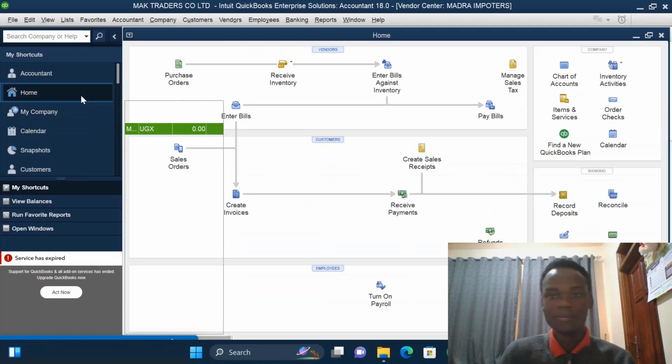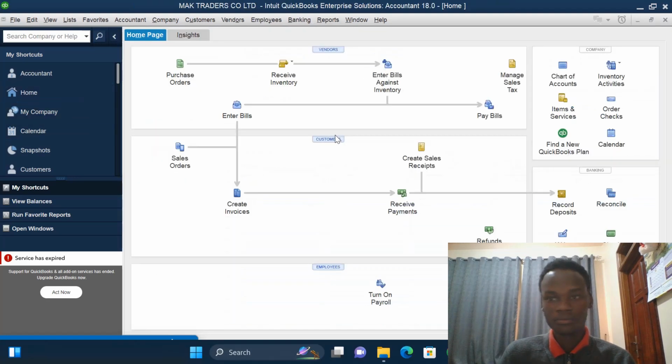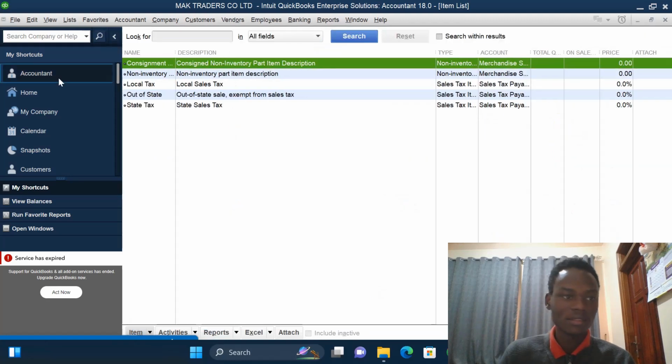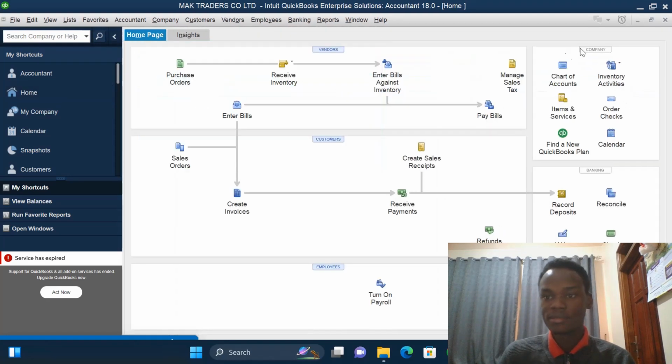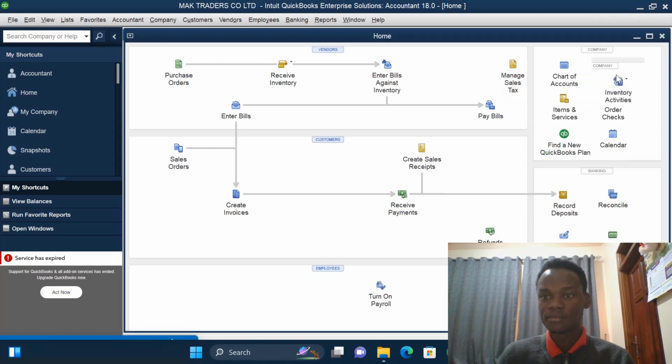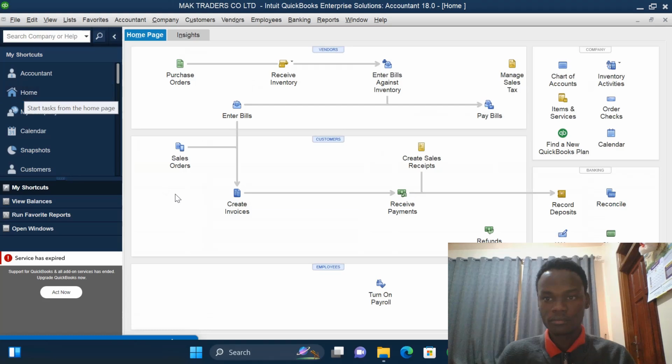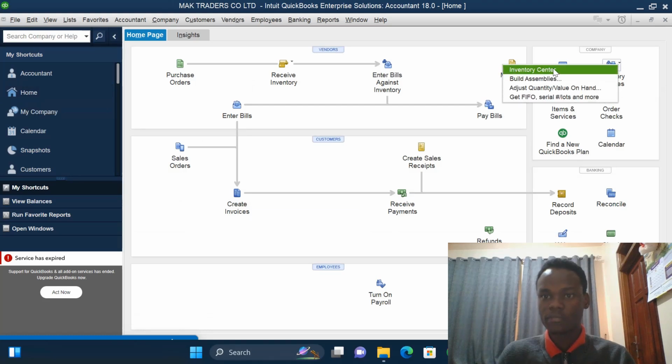So we'll go home and come to our inventory center here, items and services. We'll do items, then go to inventory activities. So inventory center.